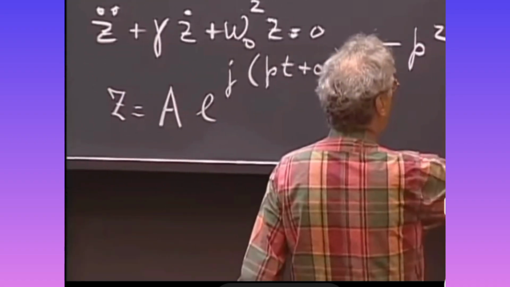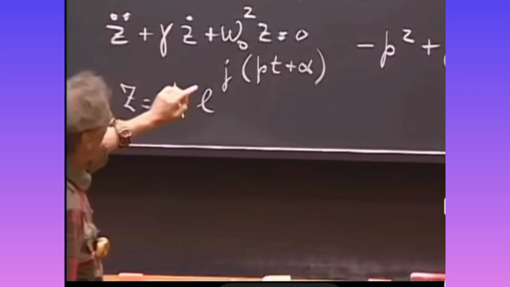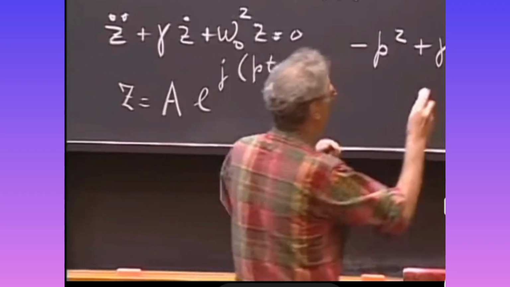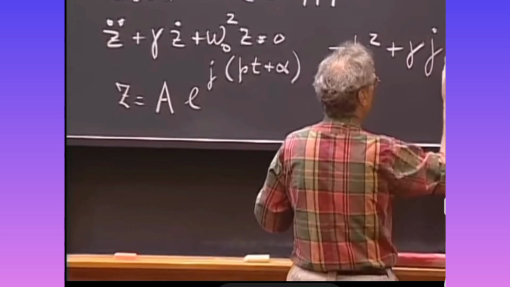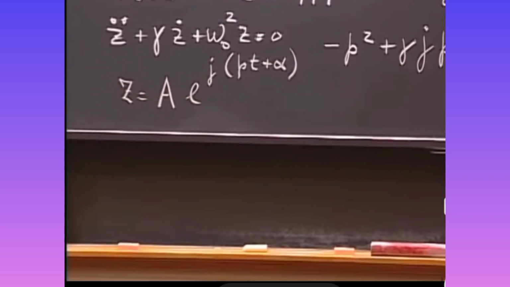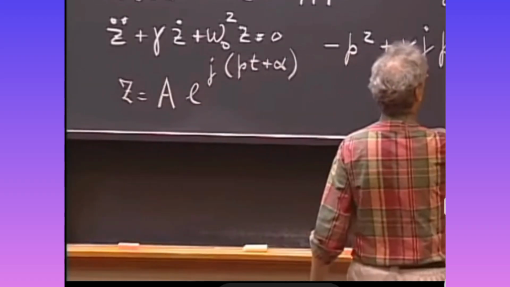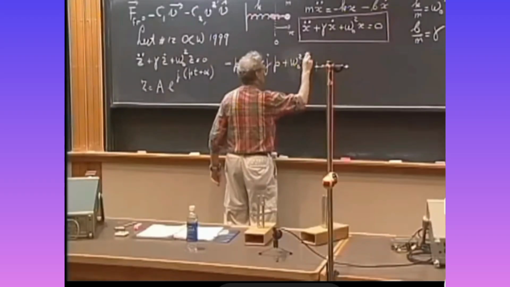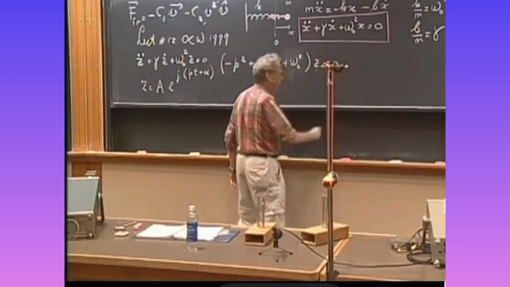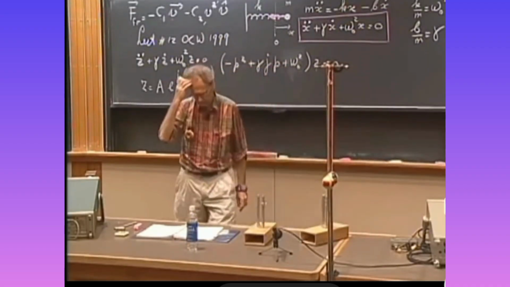Then I have plus gamma, and then what pops out is jp, because it's only the first derivative. You have to be very careful that you can distinguish your j's from your gammas. And then you get plus omega 0 squared, and the whole thing times z, and that now must be equal to 0.